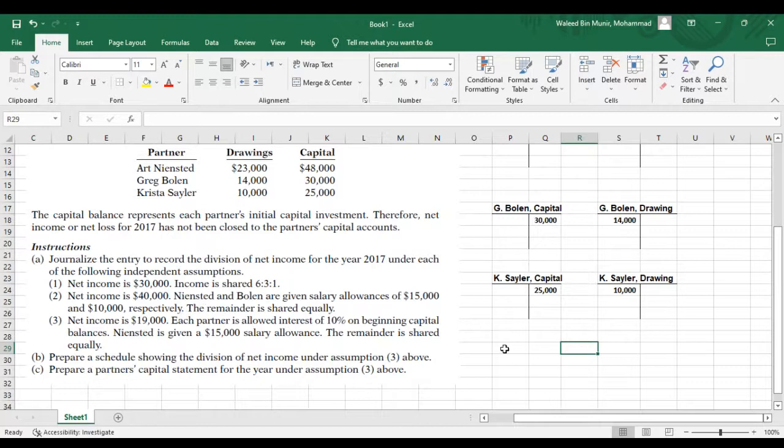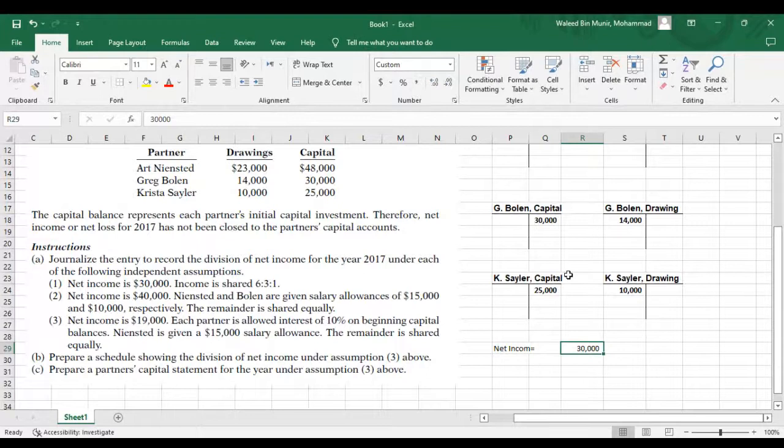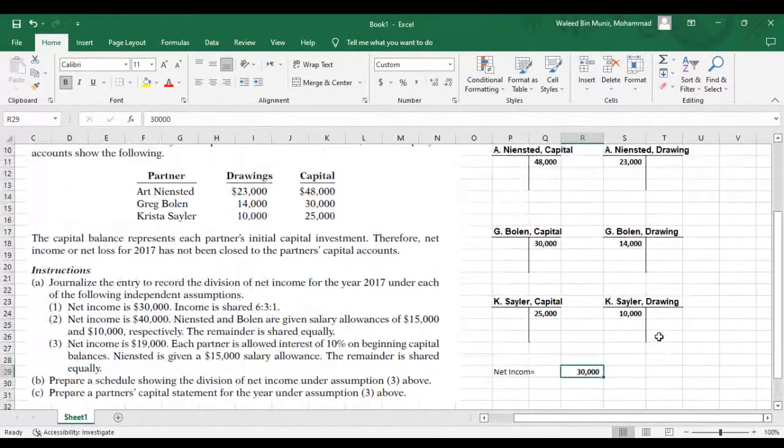And it will be divided in the ratio of 6:3:1.